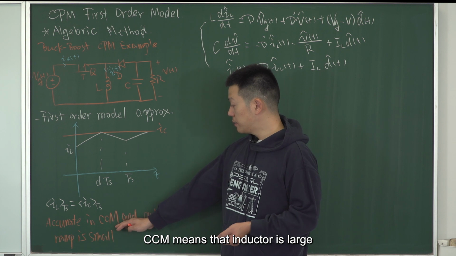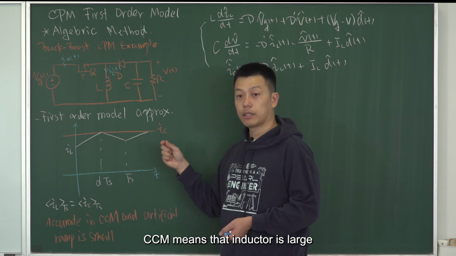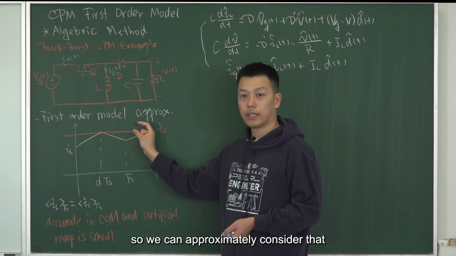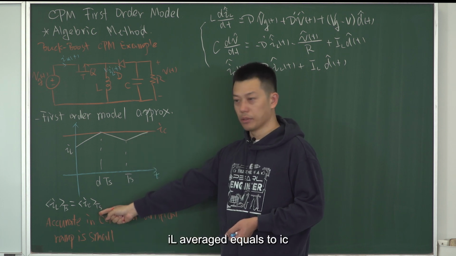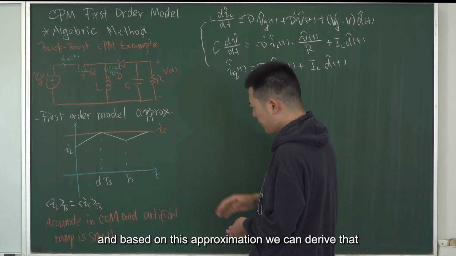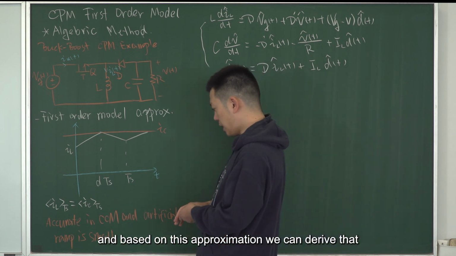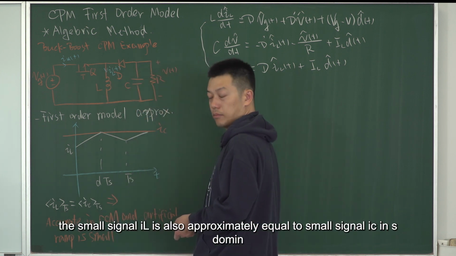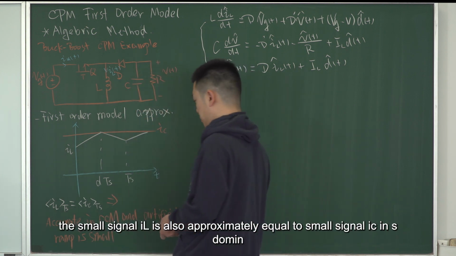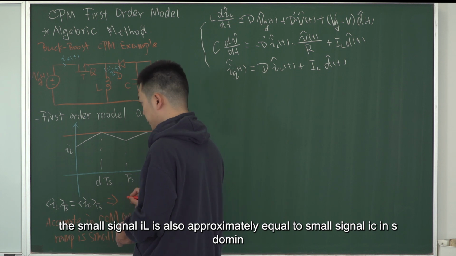Well, CCM means that the inductor is large and the inductor ripple is small, so we can approximately consider that IL average equals IC. Based on this approximation, we can derive that in the s domain the small signal IL is also approximately equal to the small signal IC.